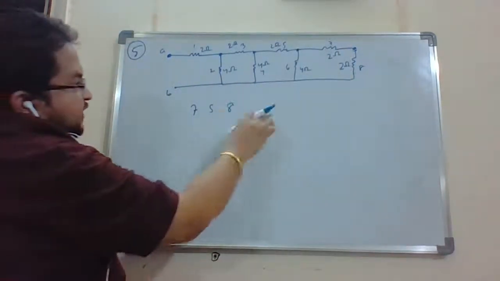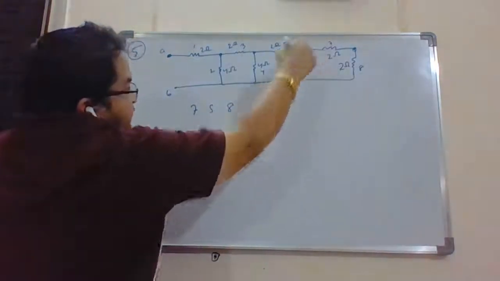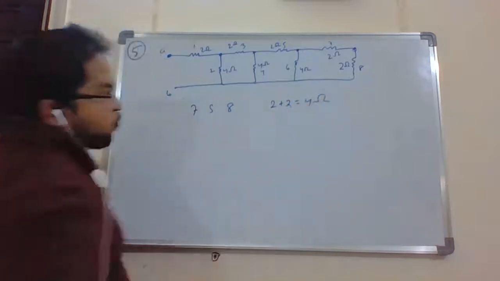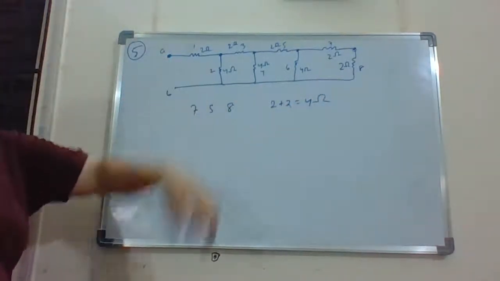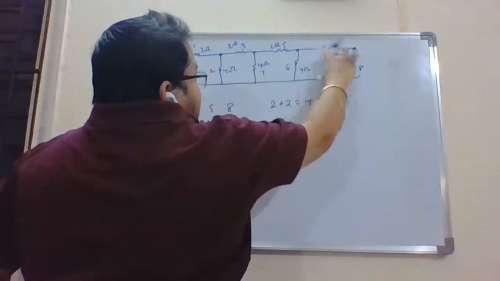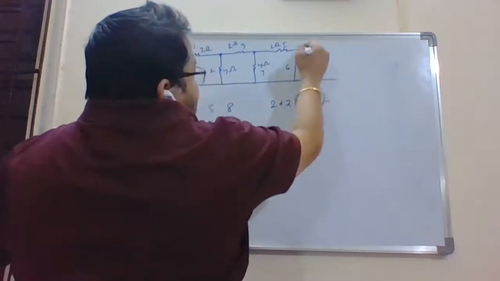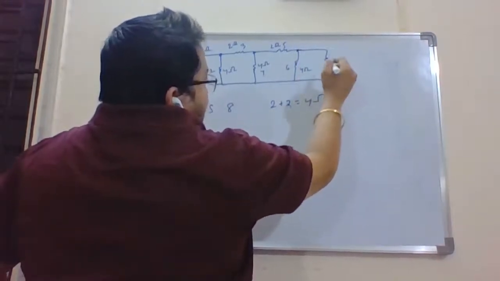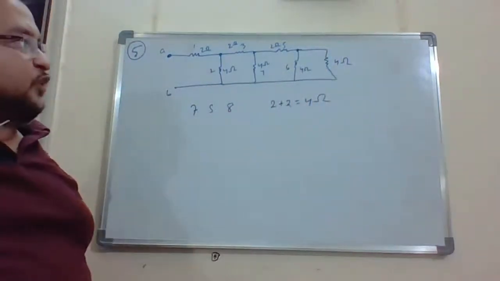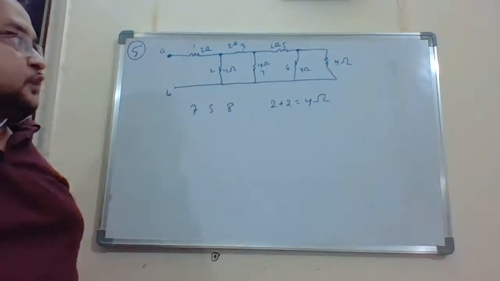So if 7 is in series with 8, I can say that the equivalent resistance of them would be 2 plus 2 equals 4 ohm, right? So if that is 4 ohm, can I remove both of these and just put one resistor equivalent to 4 ohm here, across those two same points, 4 ohm. Now if I do that, the next part will be very simple for you.